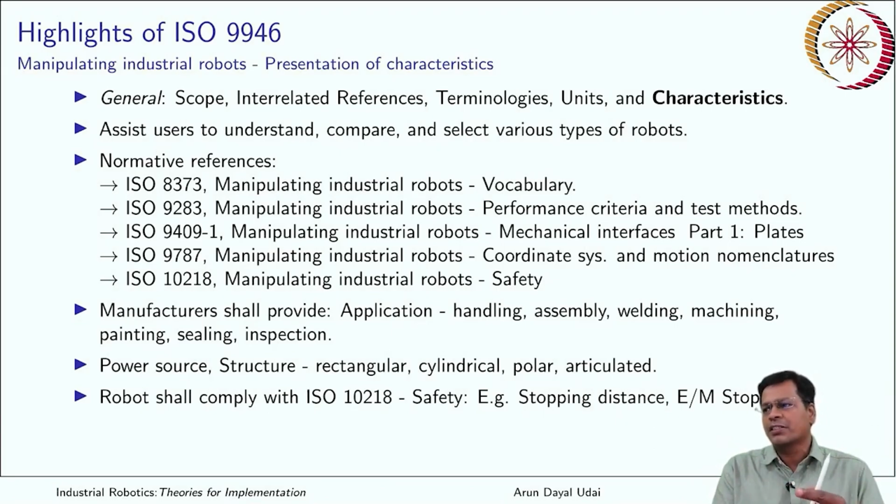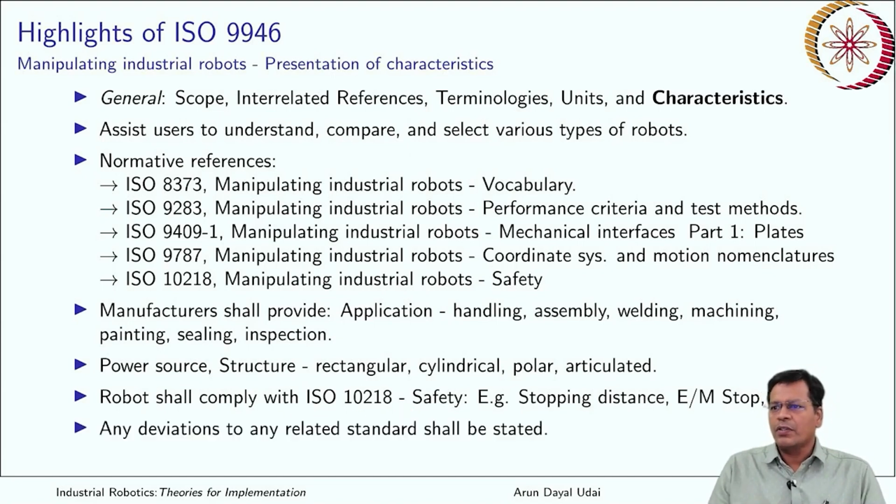A stopping distance is given, and the requirements for emergency stop switches are given. Various other safety factors are defined in this ISO 10218. Now any deviation from the related standard also needs to be stated by the manufacturer of the robot in their technical specification sheet. So this is all given in your standard ISO 9946.